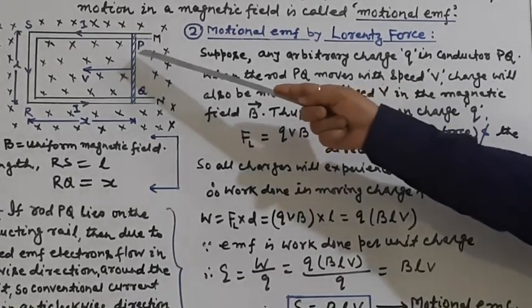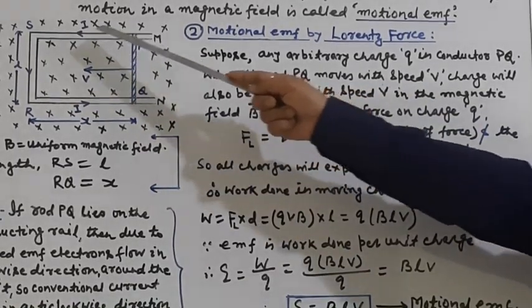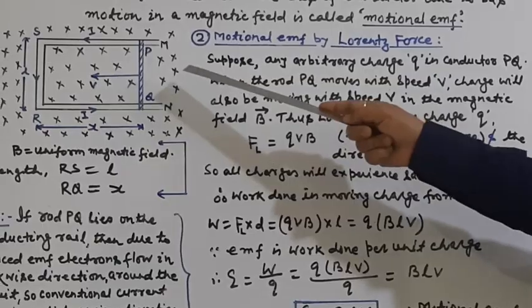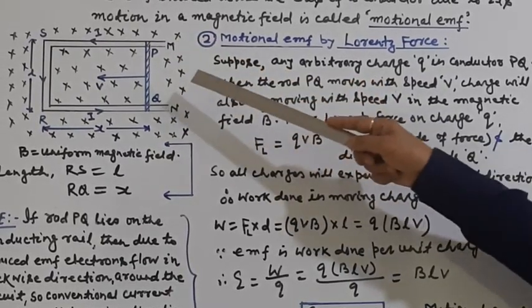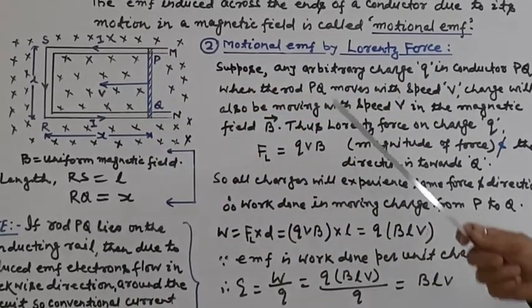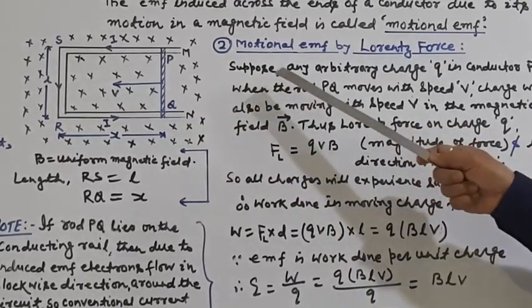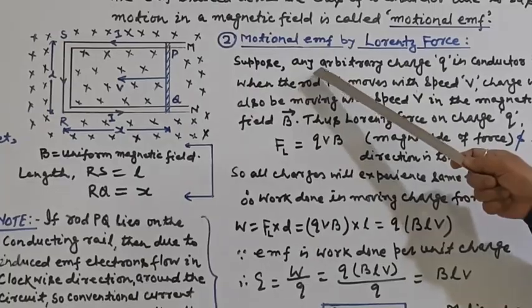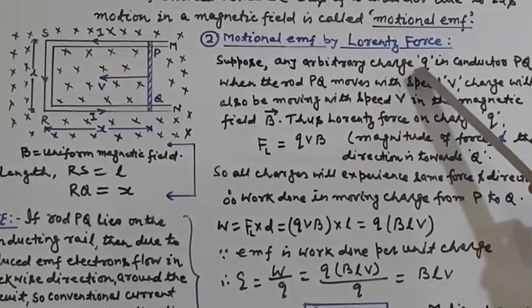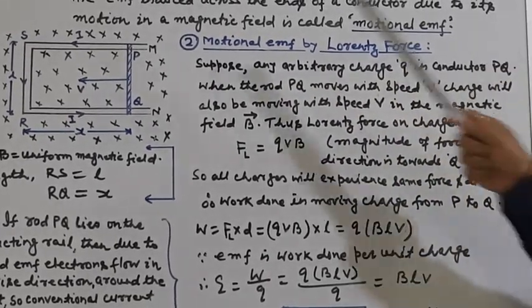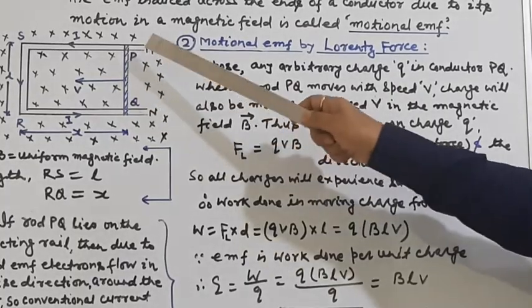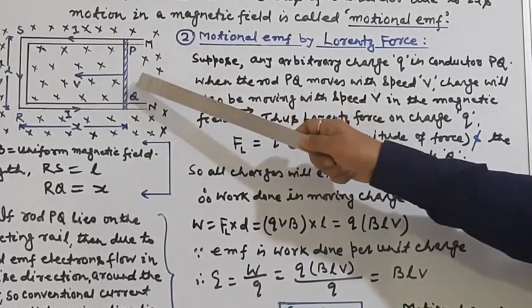We shall use the same figure. On this conducting rail, a conductor PQ is moved. Suppose, following this figure, any arbitrary charge Q in conductor PQ. This conductor contains many electrons, many charges.